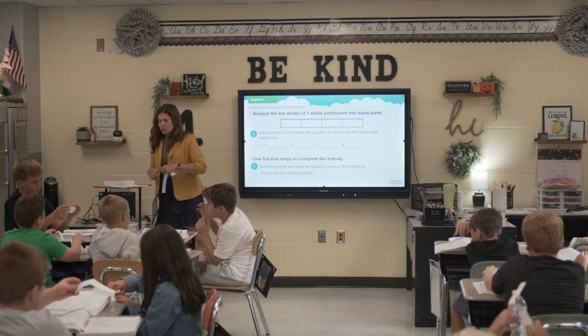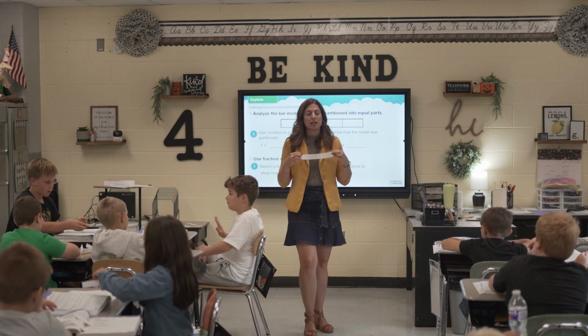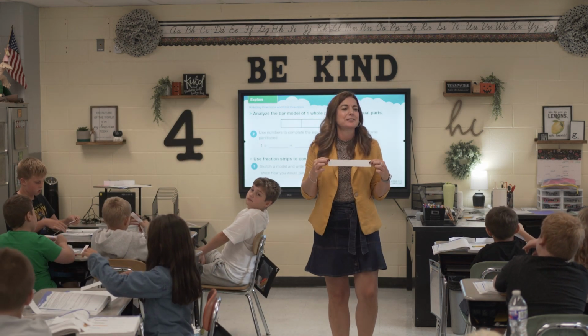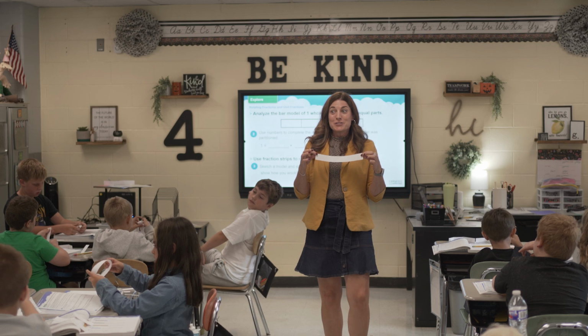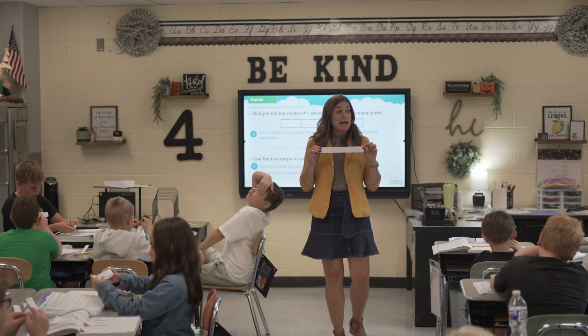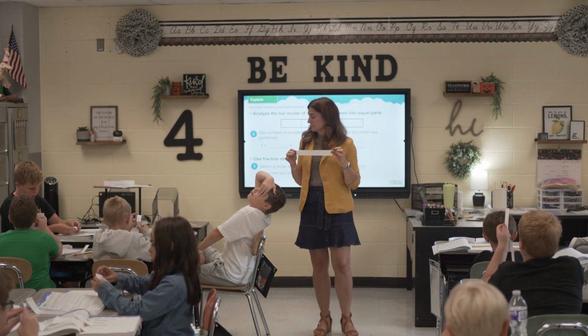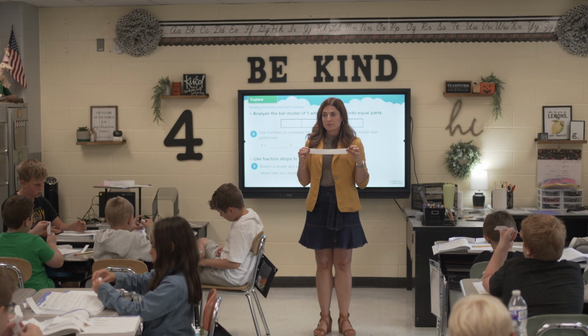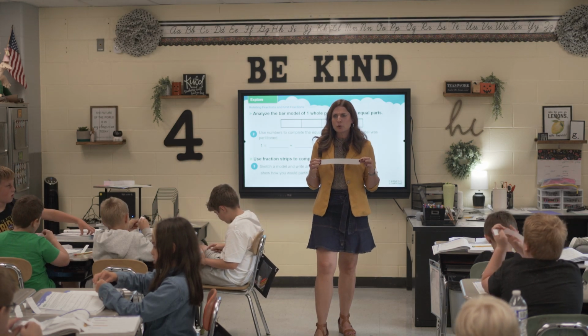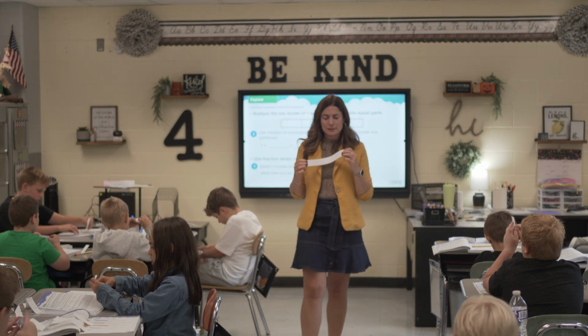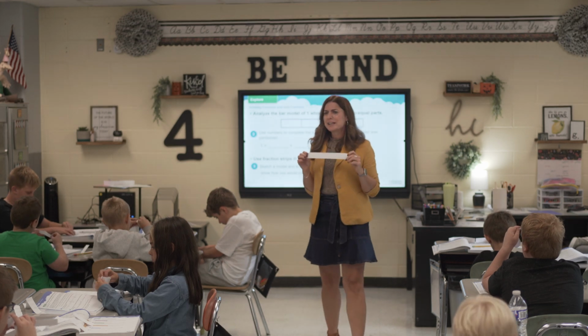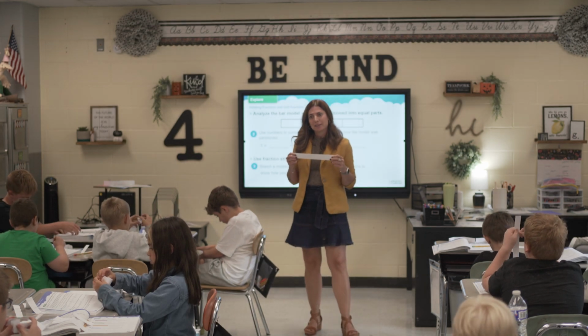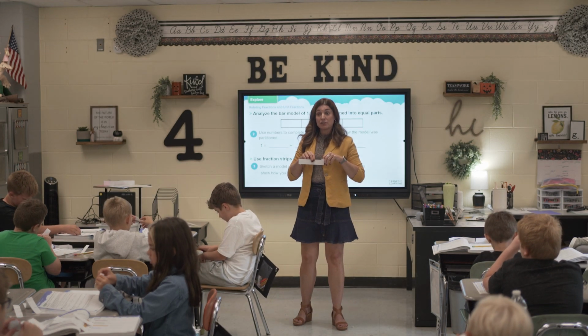We are now going to fold into 6. Let's think about it. How did we get 2? Fold it in half. How did we get 4? Fold it in half, fold it in half. So how did we get 3? We did that tricky fold, didn't we?